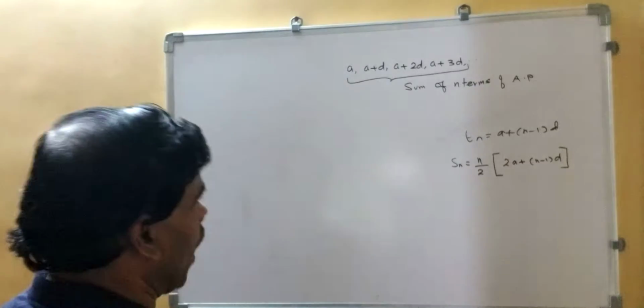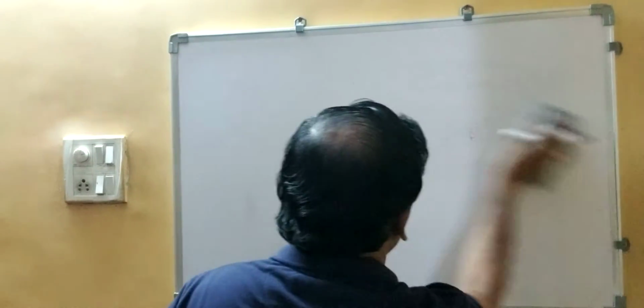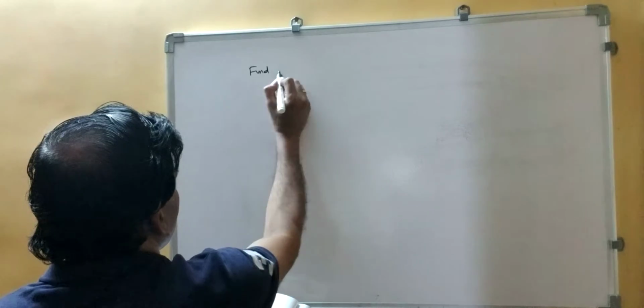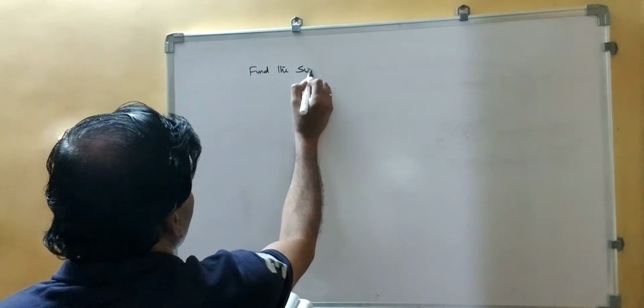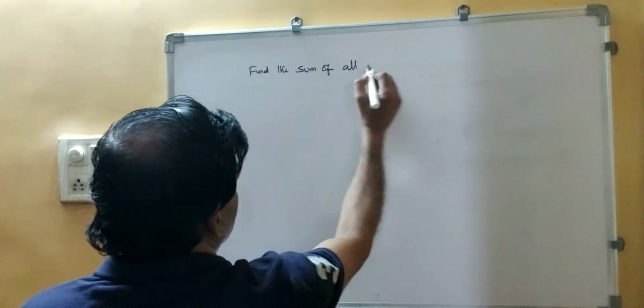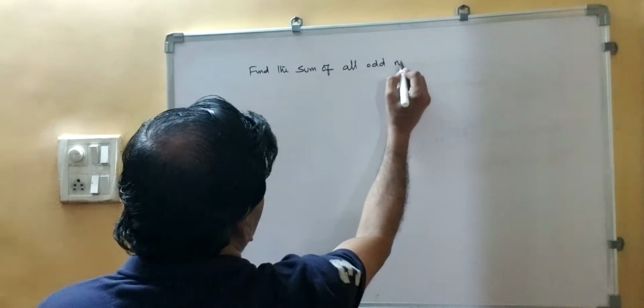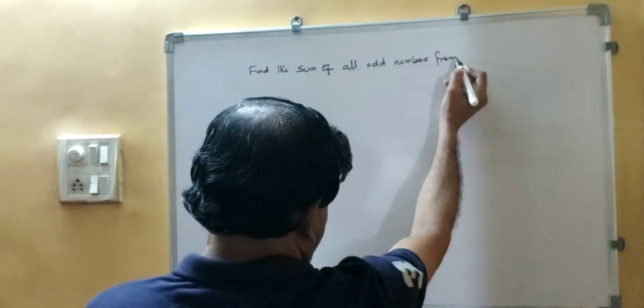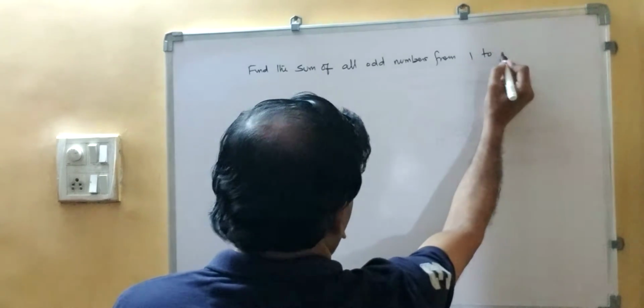Let us see how to find out. One example I will give. Find the sum of all odd numbers from 1 to 150.